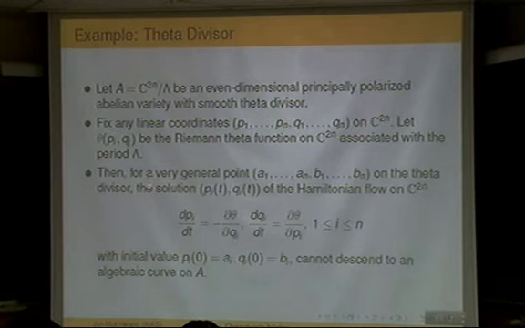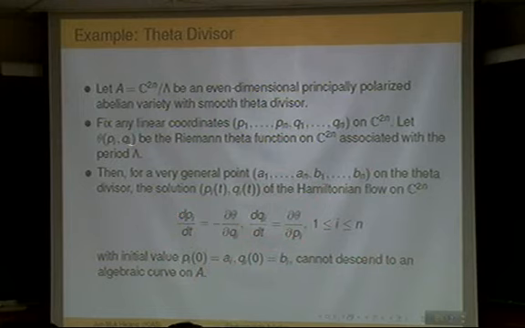Then if you choose a general point on the theta divisor, consider the solution to the Hamiltonian flow, which is what's called the Hamiltonian equation in mechanics. This differential equation has solutions through every point, and any solution through a general point cannot descend to an algebraic curve. This is because this is the expression for the characteristic foliation, which I avoided before.